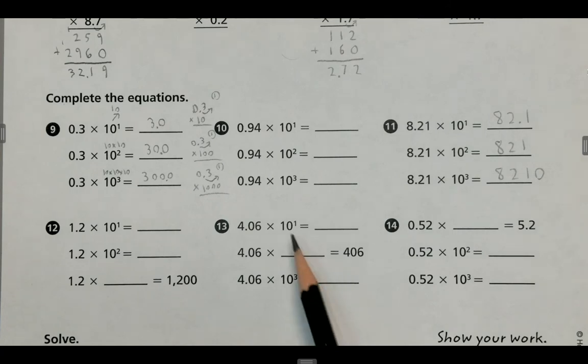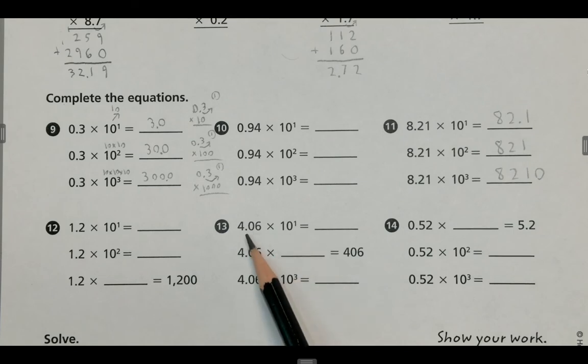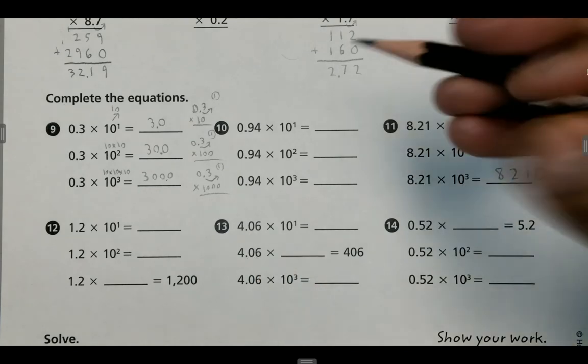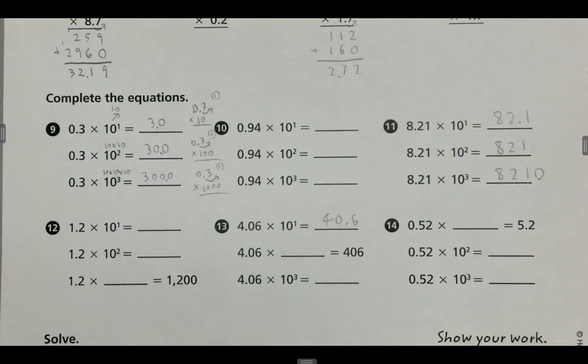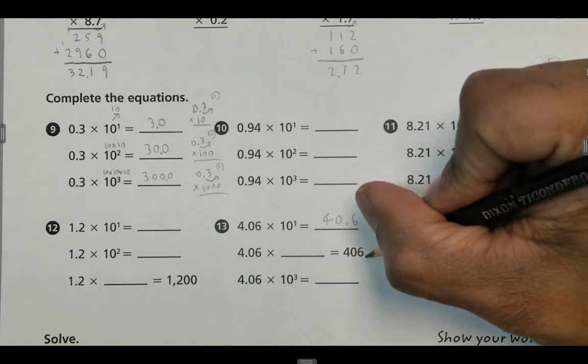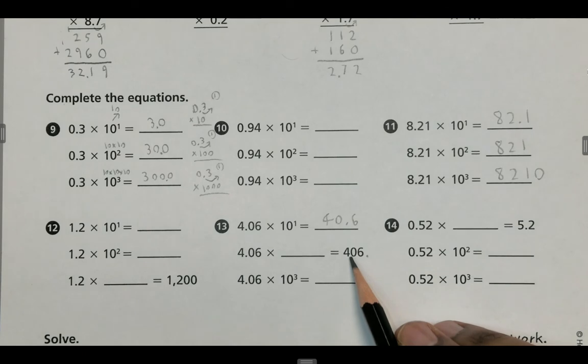4 and 6/10 multiplied by 10. Take this decimal point, push it one spot or one place over to the right. 40 and 6/10. Now, how many pushes am I moving the decimal point if it started here and ended up here? And you can imagine the decimal point right here. It was here, I did 1, 2 pushes.